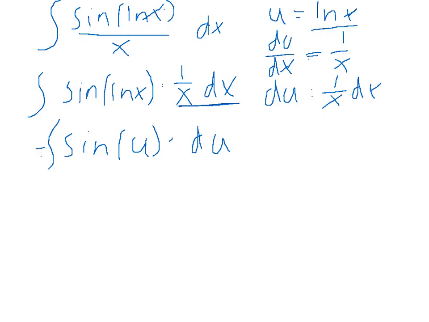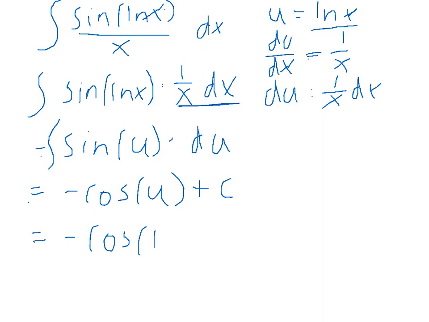After that, we take the antiderivative of the whole thing. The antiderivative of sine is negative cosine of u, and the du disappears, so you end up with plus c. The last step is to put in the x's, so negative cosine of ln of x plus c is the answer.